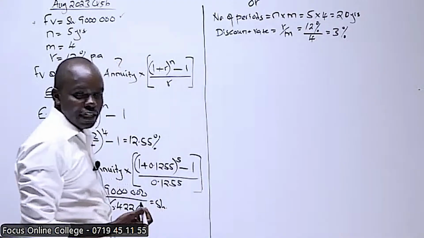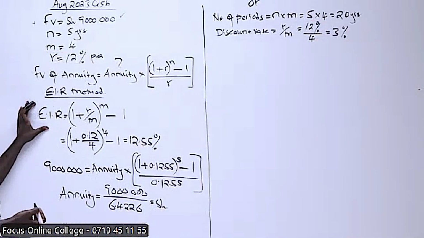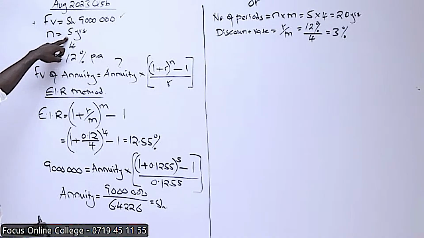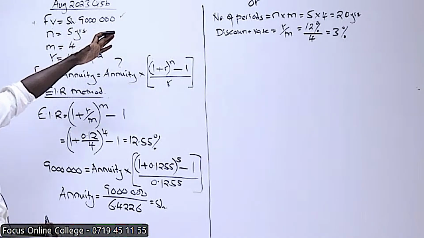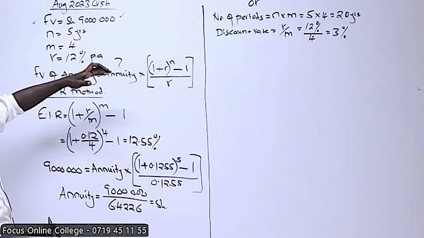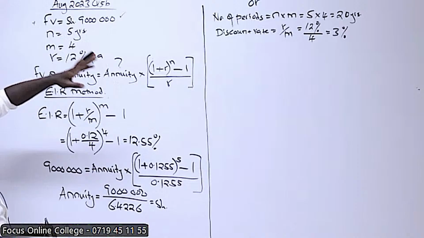So instead of using the effective interest rate method, we have another option of adjusting the number of periods, because if this person is going to save for a period of 5 years, and each year is saving 4 times.